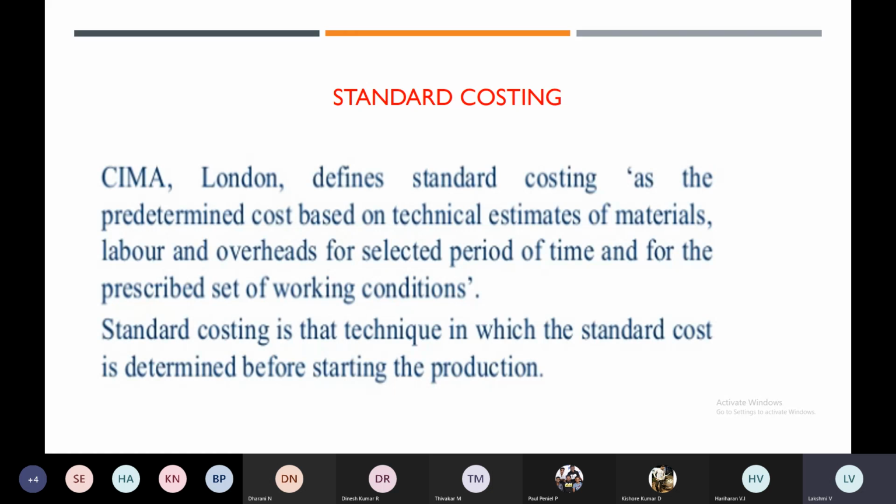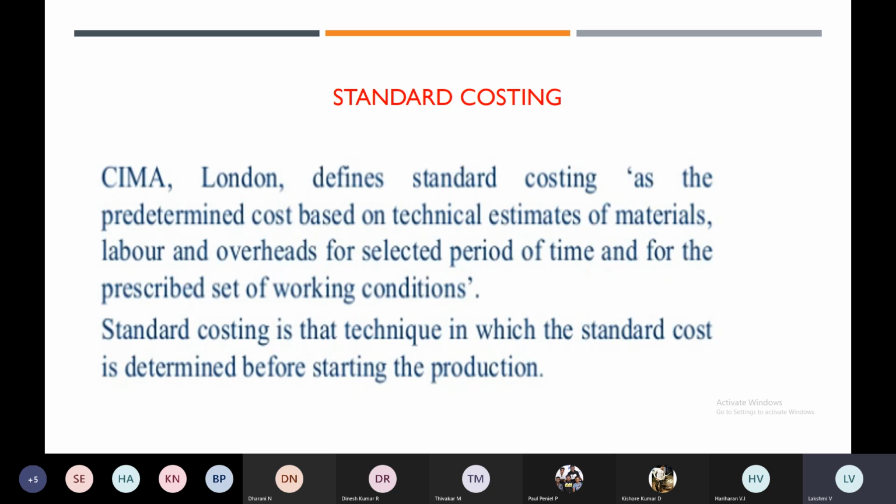Cost accounting, particularly standard costing, variance analysis, modular costing, process costing, is more applicable for the manufacturing unit. These are the techniques used to find how much cost you incur towards the production activity, as well as how to control it, through standard costing and variance analysis.